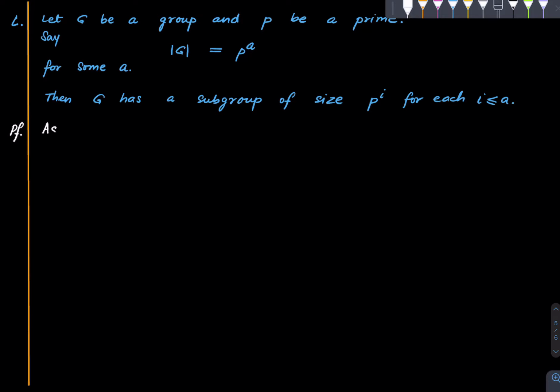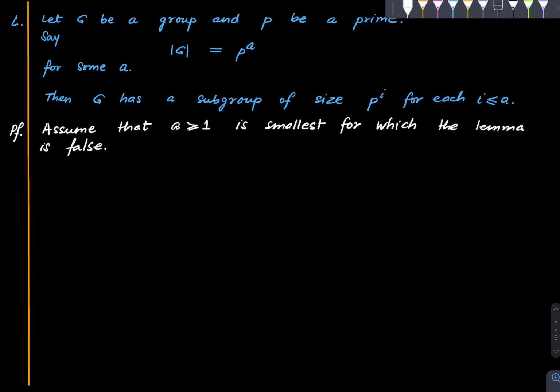So first assume inductively. So this is the main step. Assume that a is smallest for which the lemma is false. Right? So assume the lemma is false. Then there is a smallest a for which the lemma is false, meaning there is a group.